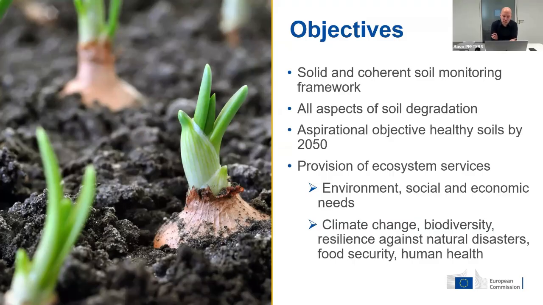The underlying idea is that healthy soils provide a lot of ecosystem services, and that we really need those services not only for the health of our environment, but also for our society and for our economy. And we also need those services as part of a solution for a couple of societal challenges that we're confronted with. Next slide, please.